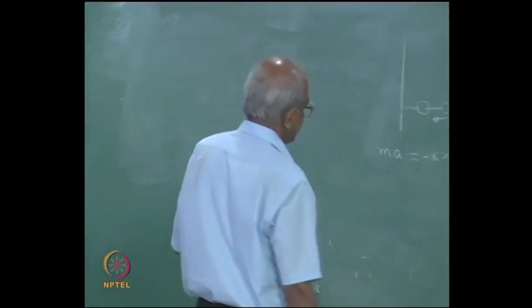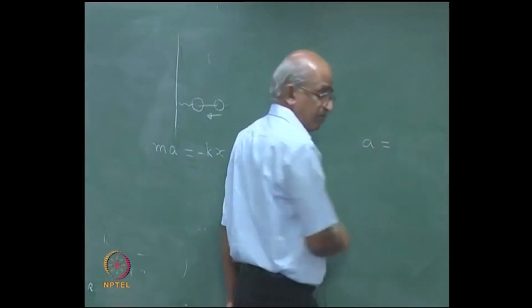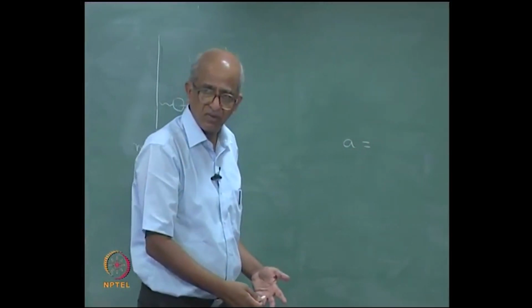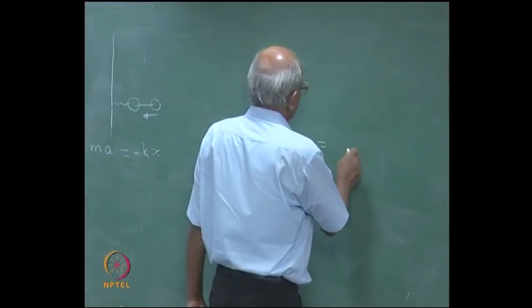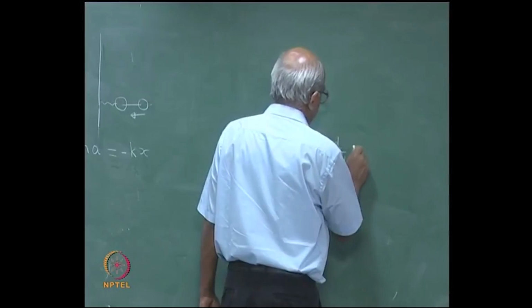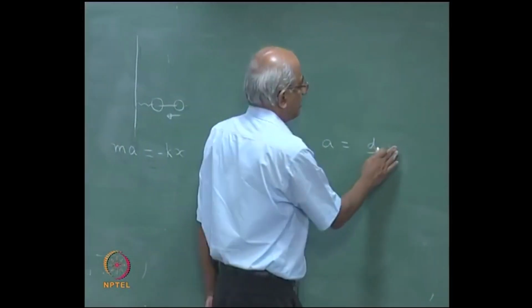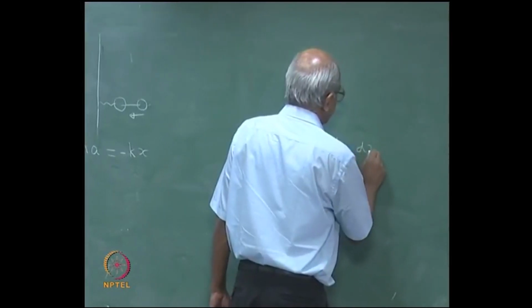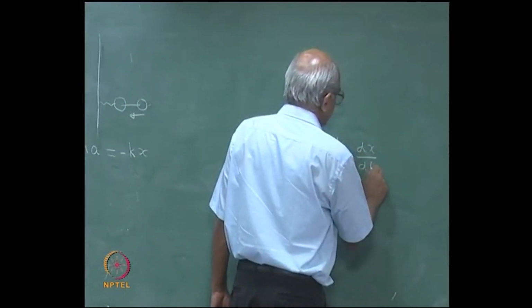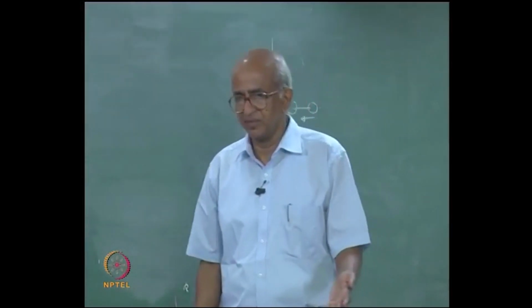But acceleration is what? Acceleration is the rate of change of velocity. So, I naturally have dv by dt, but v itself is nothing but the rate of change of position. So, acceleration is nothing but the second derivative of the position of the particle.